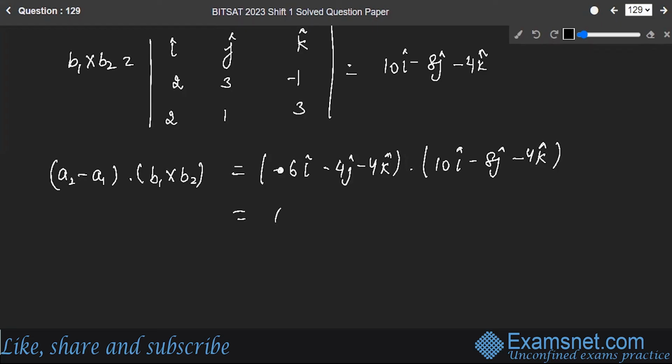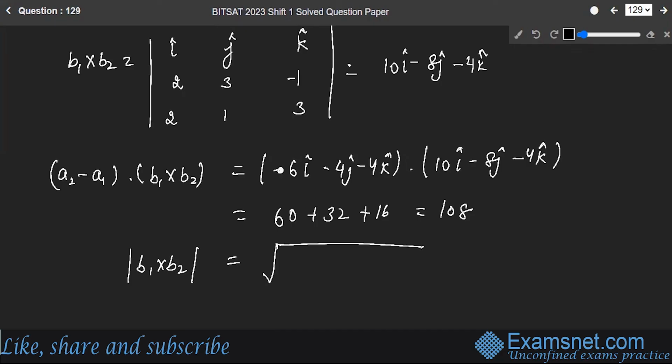So this gives me 60 plus this, which is a total of 102. And its magnitude is given by root of 100 plus 64 plus 16, which is root of 180.